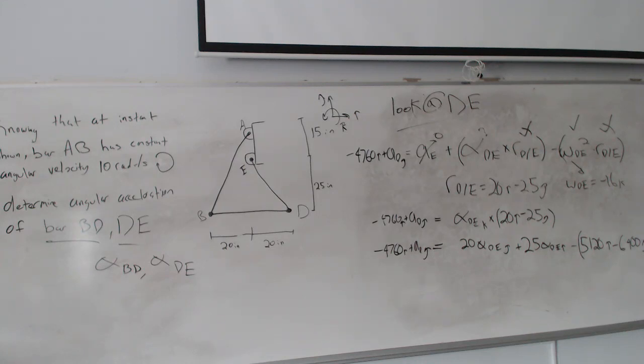Now I can get the acceleration of d in the j direction, and then I'm going to use that to solve the angular acceleration of bd. So acceleration of d in the j direction equals 20 times 14.4 plus 6,400. Do the computation. So acceleration of d in the j is equal to 6,688.